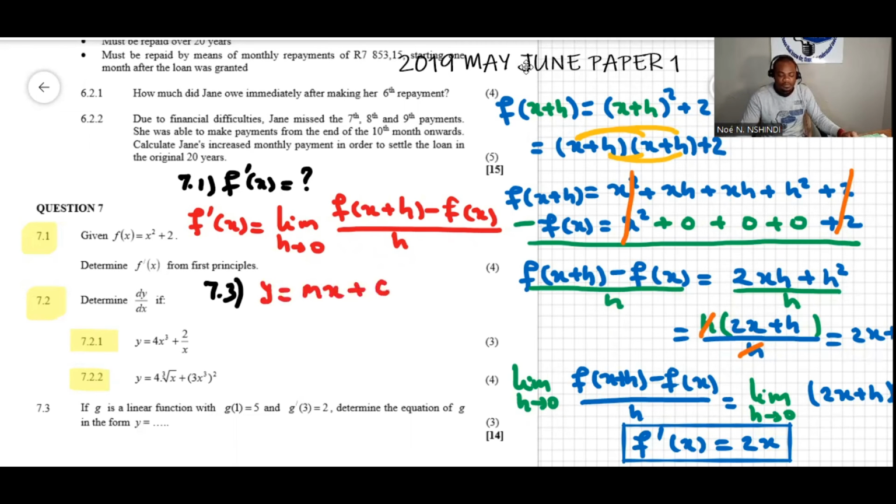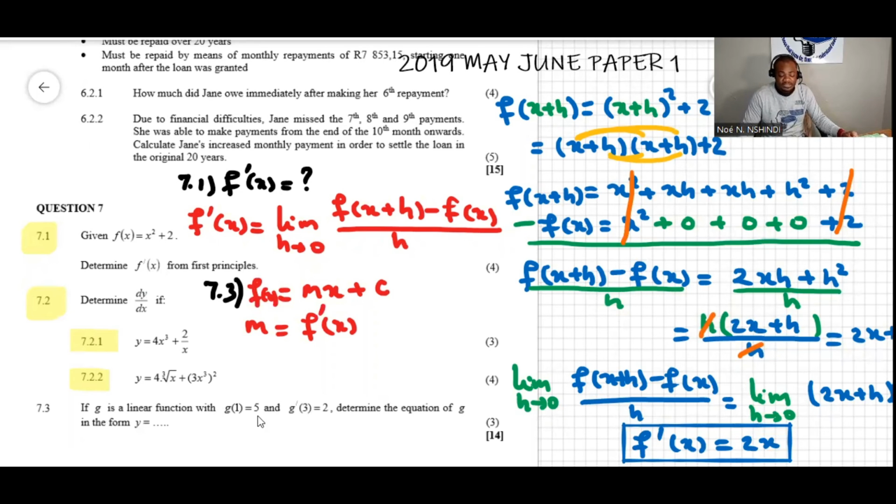So m is the gradient of the function. Now, you know that m is also equal to the derivative of f of x, okay? y is just f of x, so I'm going to write here f of x. So now m is just the derivative of f of x.